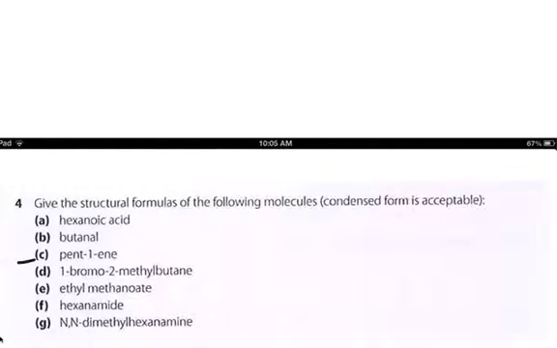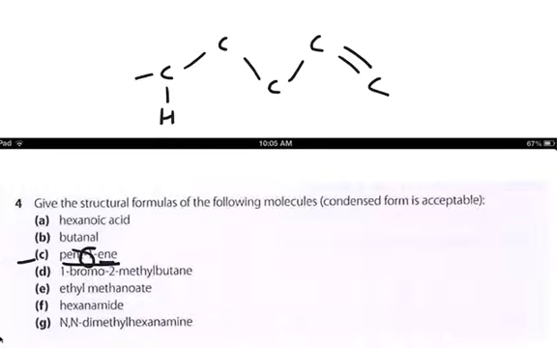Clearing my writing and going on to pent-1-ene. Pent is 5, right? So 1, 2, 3, 4, 5. Ene is telling me there's a double bond. The 1 is on the first carbon. And now I can fill in my hydrogens. Be careful with filling in your hydrogens. Remember, every carbon can make 4 bonds.